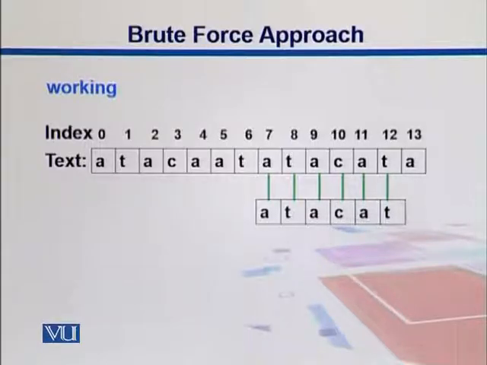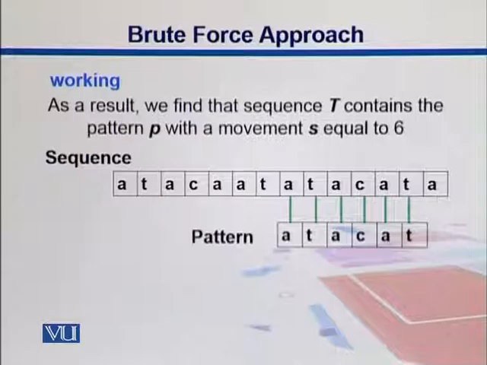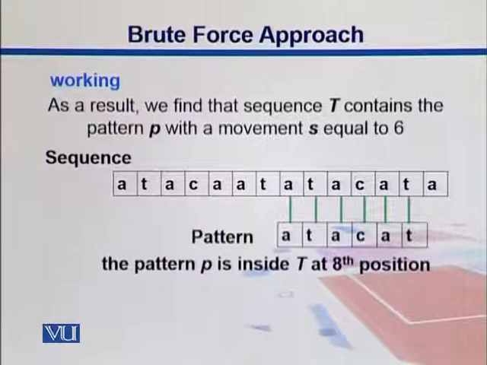It is matched at index 7, and from position 7 onwards, p is a substring of t, present between 7 and 12. As a result, we found that sequence t contains the pattern with 6 moves, so s is equal to 6, and we conclude that the pattern p is inside t at the 8th position.